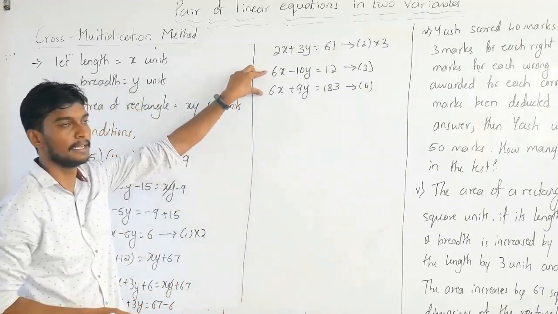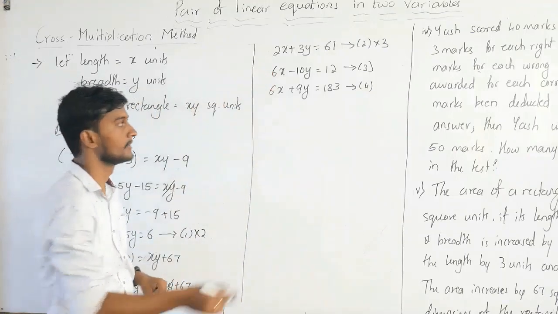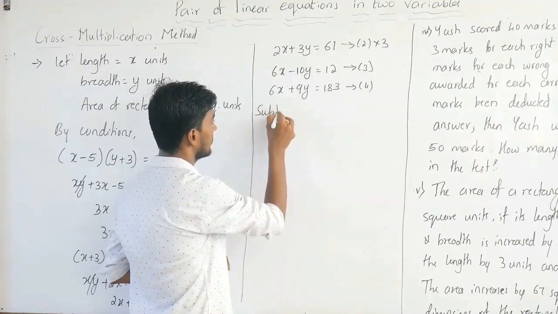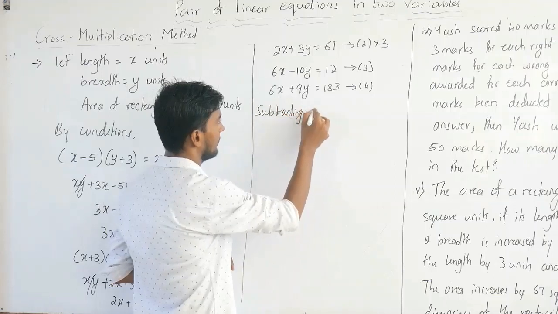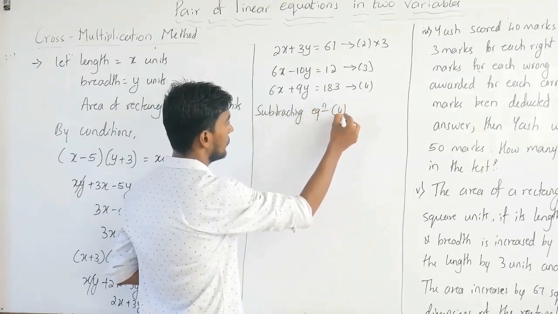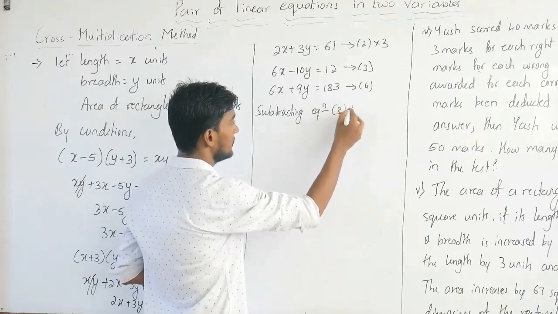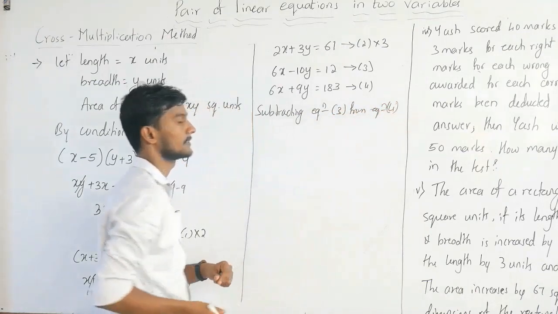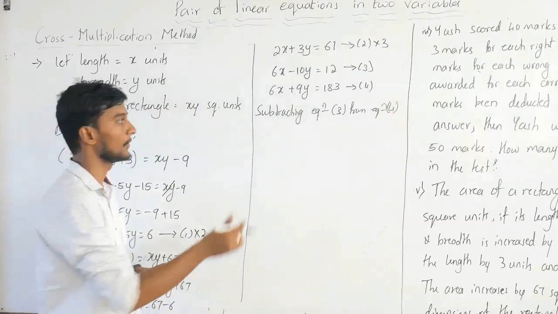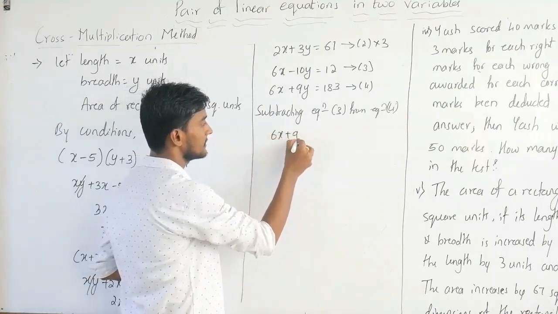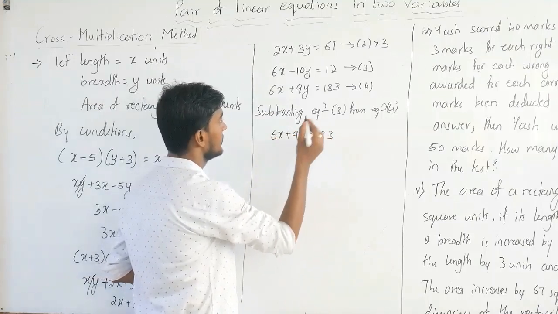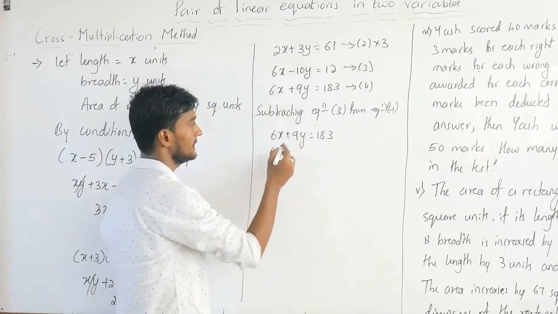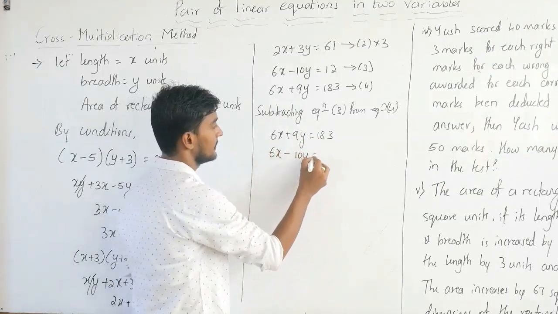Now the coefficients of x are the same, so you have to subtract them. Subtracting equation 3 from equation 4: 6x plus 9y is equal to 183 and 6x minus 10y is equal to 12.